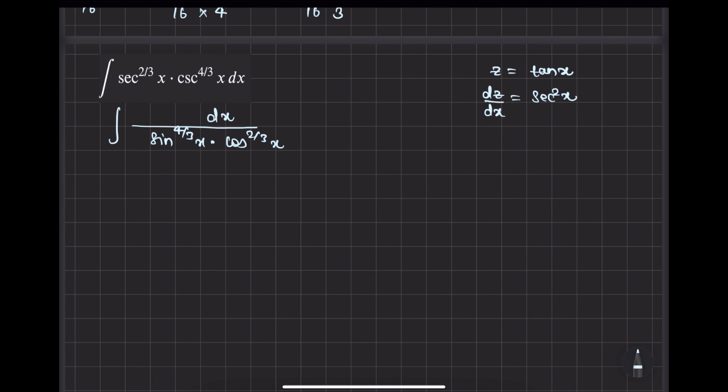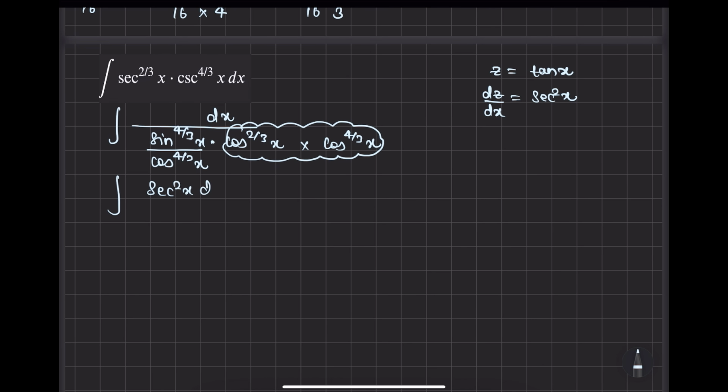Now to convert it into tan, we have to divide by cos 4 by 3 x and multiply by cos 4 by 3 x. So if you club same base, powers add, cos power 6 by 3, so it is cos square. Cos square taken on the numerator will become sec square x dx, and the denominator will have tan power 4 by 3 x. Correct?